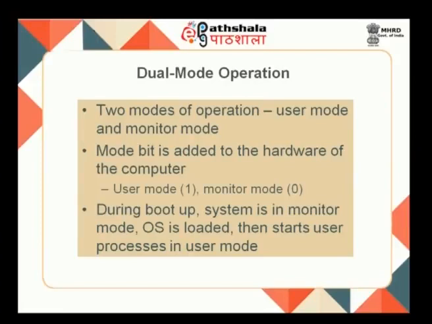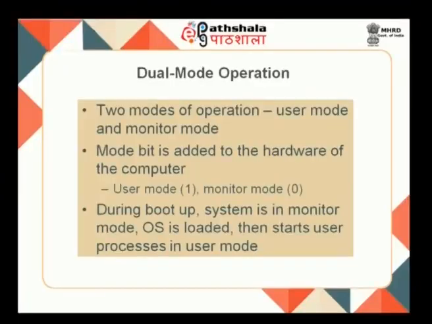Whenever a process is taken for execution, initially it will start running in the user mode. When there is a call to the operating system, say the operating system's code has to be executed as a part of this program, then it will switch to the kernel mode or the monitor mode. For example, IO instructions are executed only in kernel mode, and certain privileged instructions are also executed only in kernel mode.